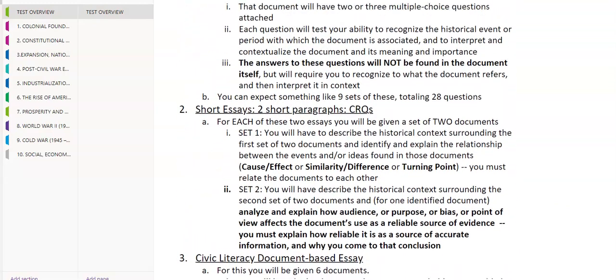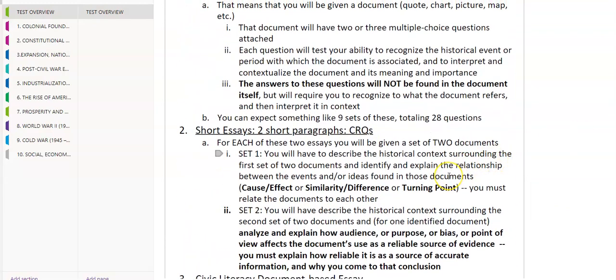Similarly down here, if you hit each piece of this, you explain the document, and you give me some discussion of whether it's a cause and effect, and you use those words, or a difference, or a turning point, or similarity or difference, I should say. So it could show the 2 groups were more like each other than different. You give me a reason to give you 5 out of 5.